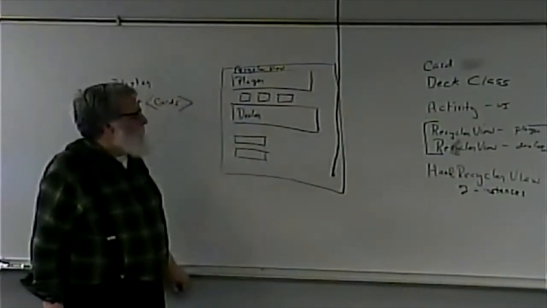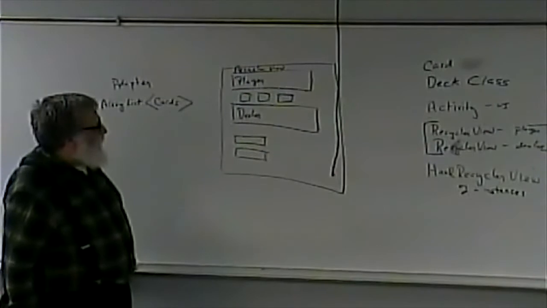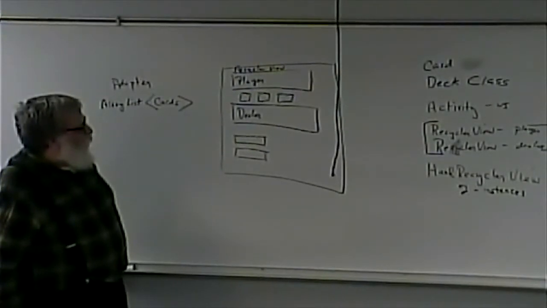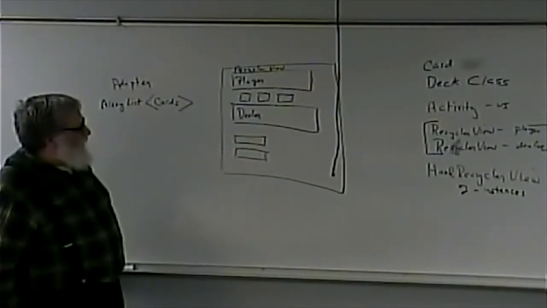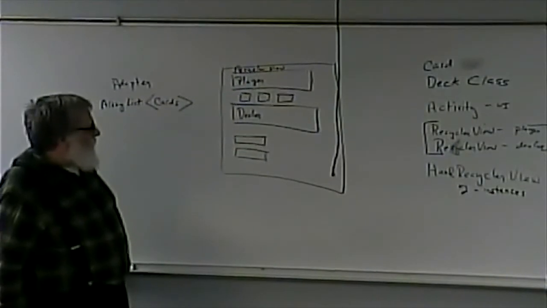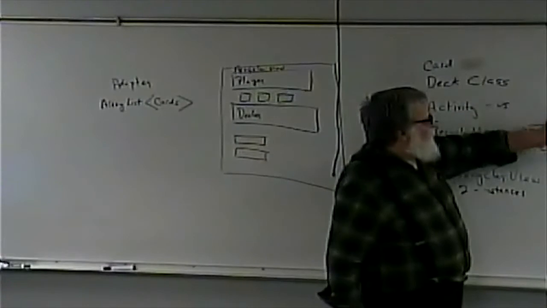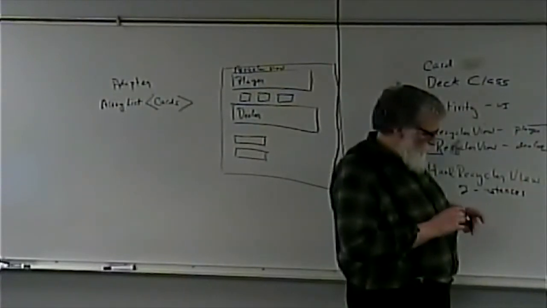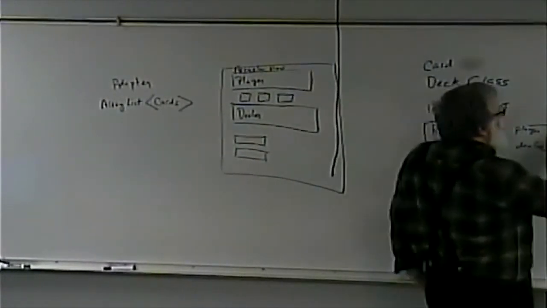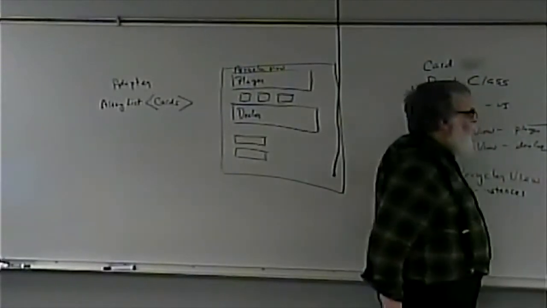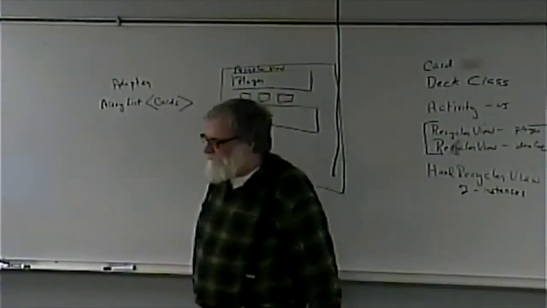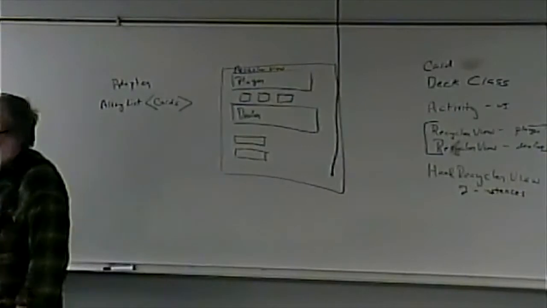Now, where are we going to put? We have to decide where we're putting these things. What about these two functions? Let's start with these two. Where are we going to put them? Where are our choices?